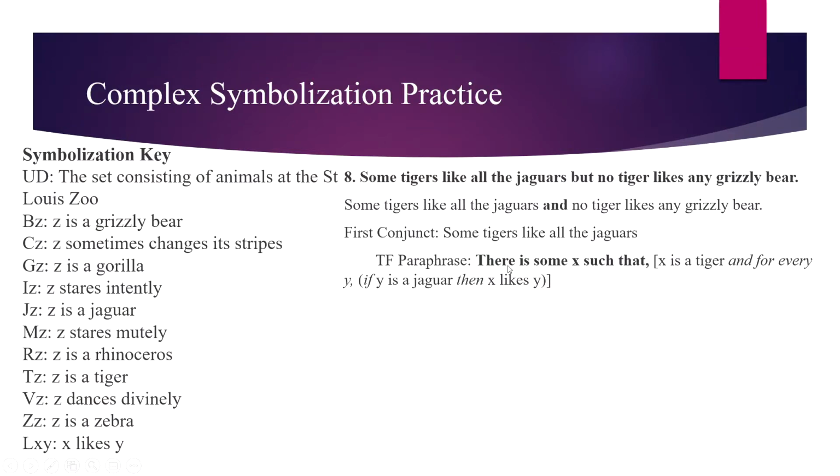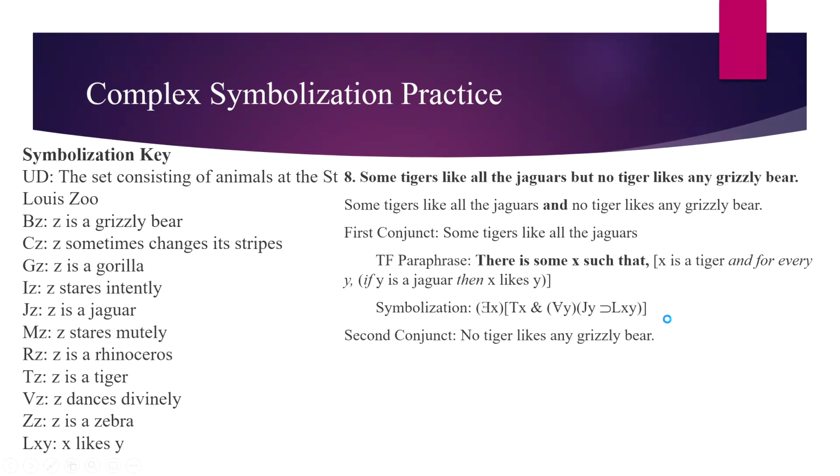The tiger X that there is at least one of. And we get this symbolization. There exists an X such that X is a tiger, and for all Y, if Y is a jaguar, then X likes Y. So there is some tiger that likes everything that is a jaguar. That if something is a jaguar, X, our tiger, likes it.